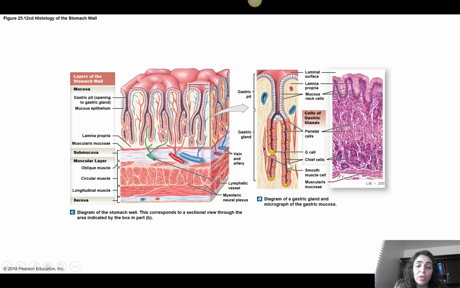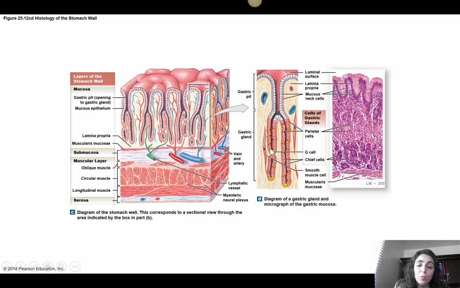We have the chief cells here, deeper. As you see, parietal cells are located more toward the lumen, and they are in lighter color. The chief cells are darker in color, and they are more toward the deeper parts of the mucosa of the stomach.